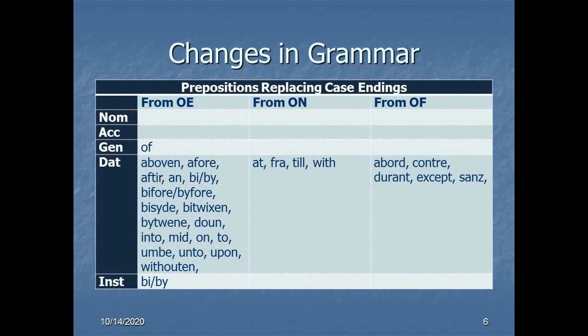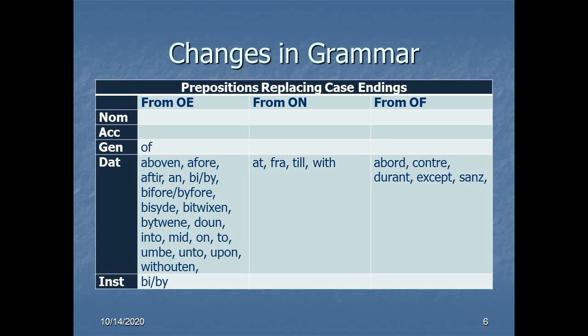Now, as one final grammatical note, we should probably talk a little bit about prepositions. Middle English had a lot of prepositions, and it took them from a number of different sources. And the reason for this, and again, I've mentioned this in at least one past talk, is the collapse of the case system. That is, the cases did an important job.